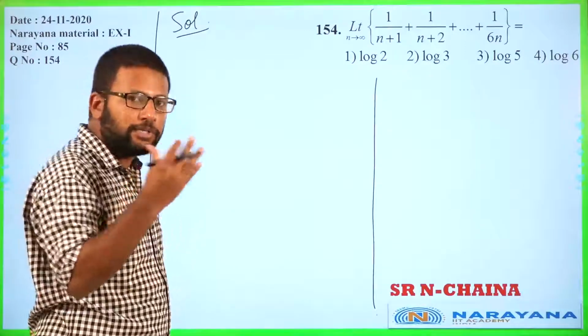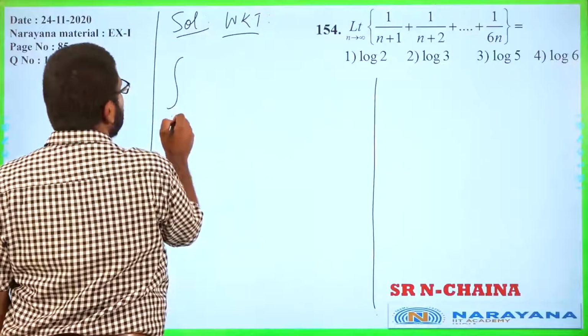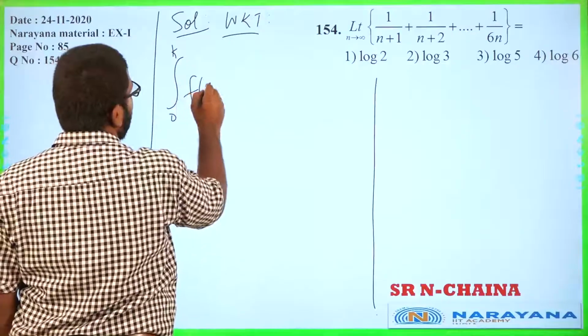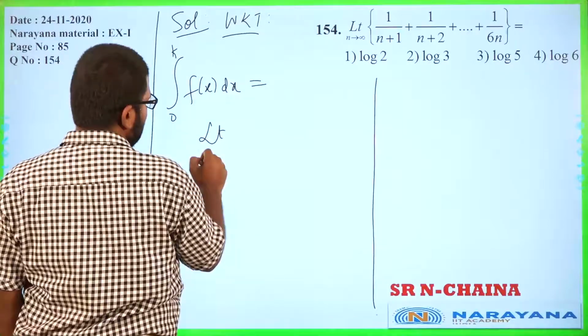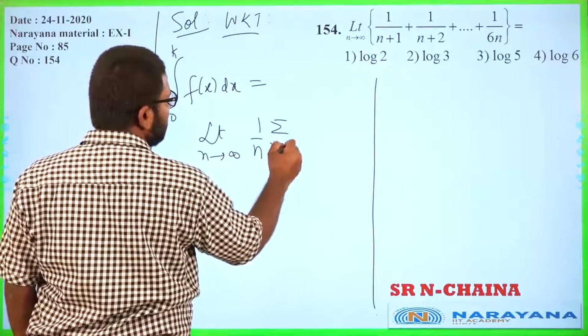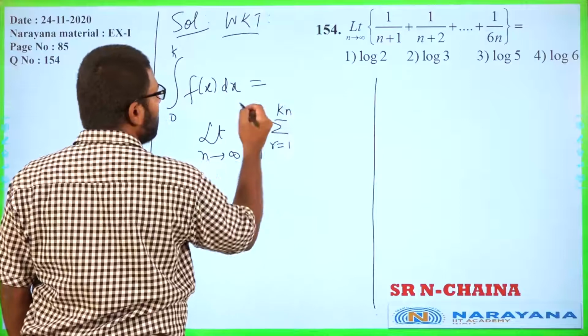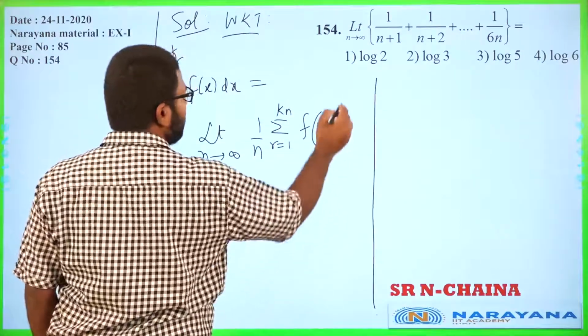So just recall the original property. Start with, we know that integral 0 to k f(x) dx can be written as limit n tends to infinity 1 by n summation r equal to 1 to kn f of r by n.